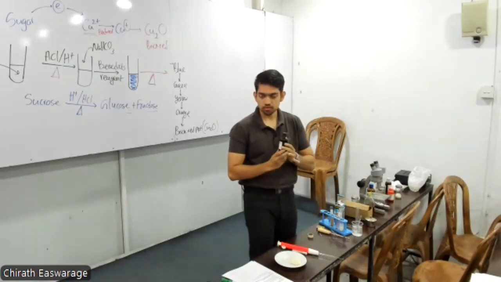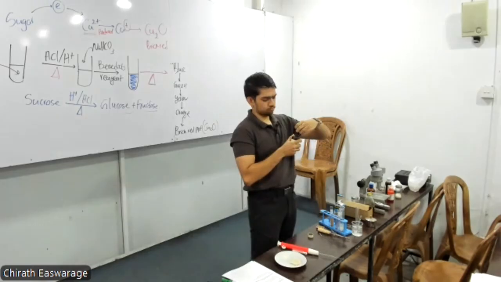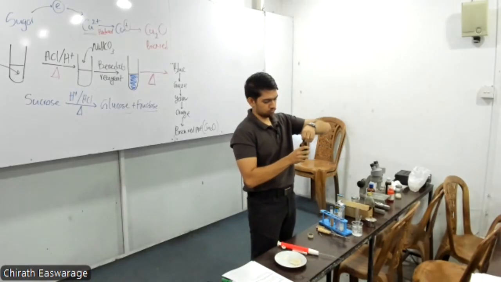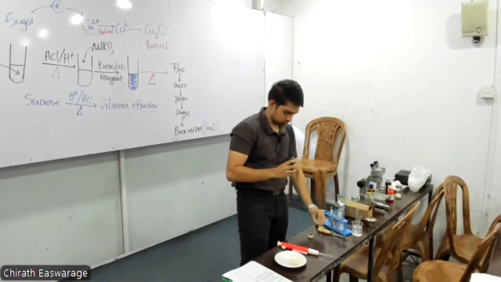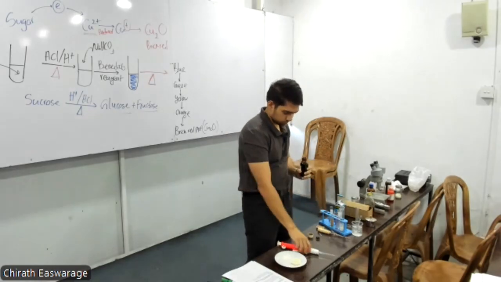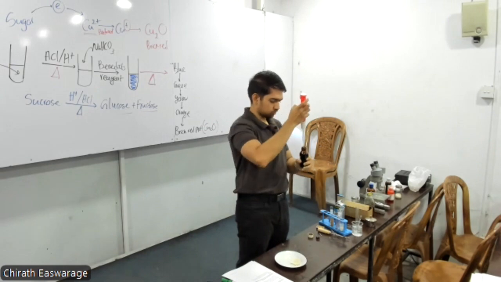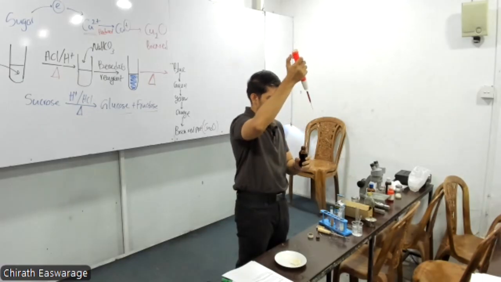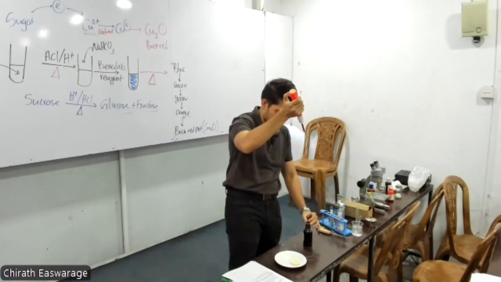This iodine, right? This is potassium iodide. Online students, can you see? Color? Yes. What is it? Brownish, no?